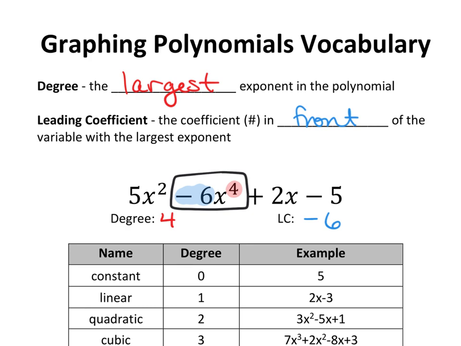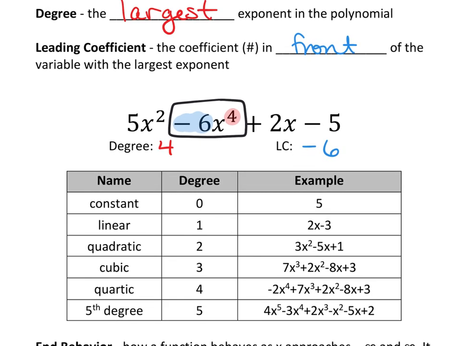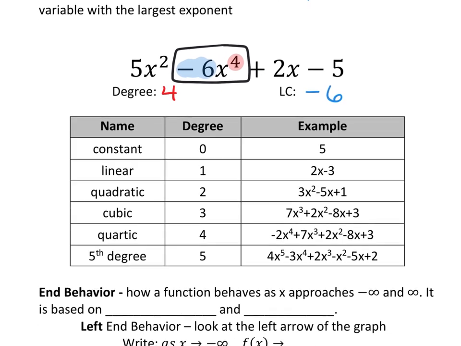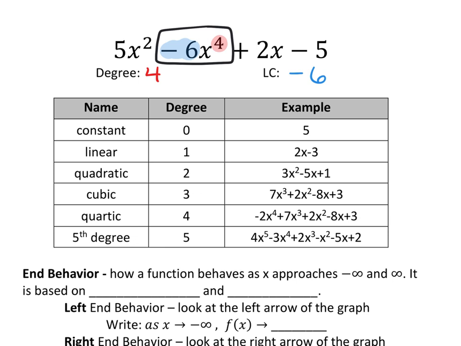Cool. Now the degree and the leading coefficient actually tell us a lot about that polynomial. Specifically, the degree tells us what type of polynomial it is. We've worked with the first 3 rows of this table before. If it has degree 0, meaning the largest exponent is the number by itself, it is called a constant function.